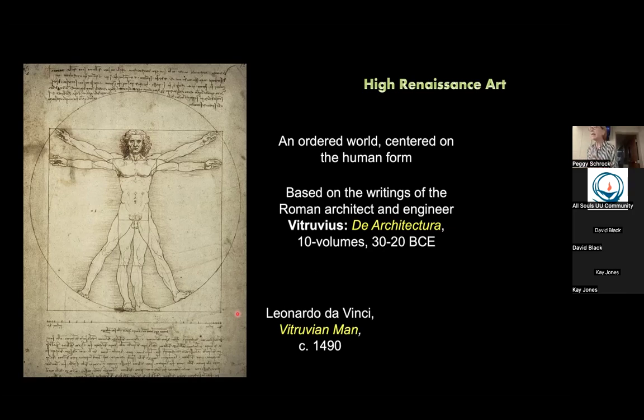This is a sign of order in the world. It's a sign that God has created us to be these perfect beings. And it is very, very tied to religion. And Leonardo speaks of this sort of mathematics and geometry in all of his works and ties them to religion.